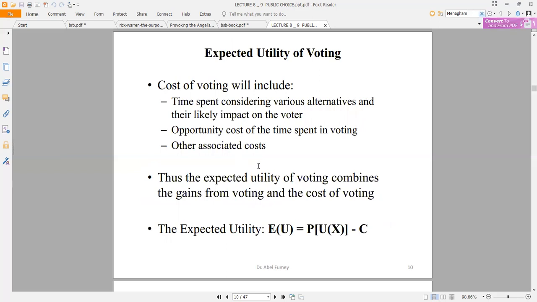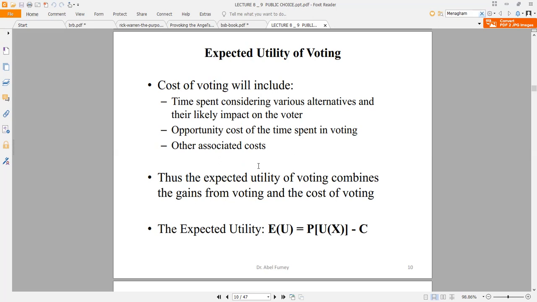All right, let's look at the expected utility of voting. What is the expected utility? The utility that the voter expects from engaging in the voting process. Now, whenever you engage in any economic activity, remember there is a cost. So there's also a cost to voting.